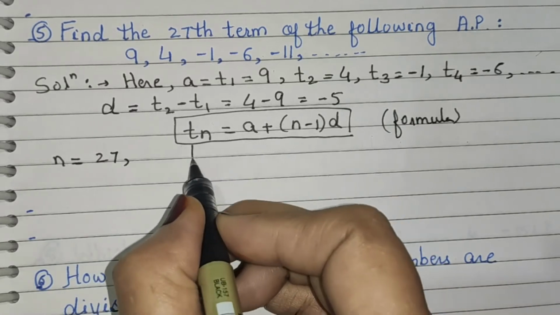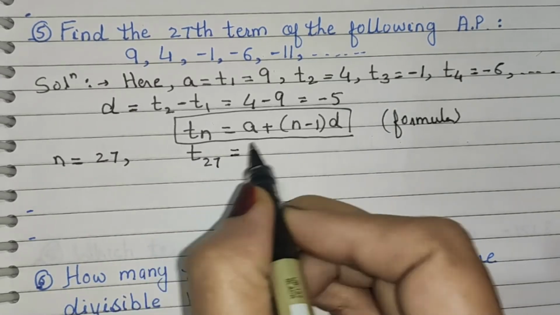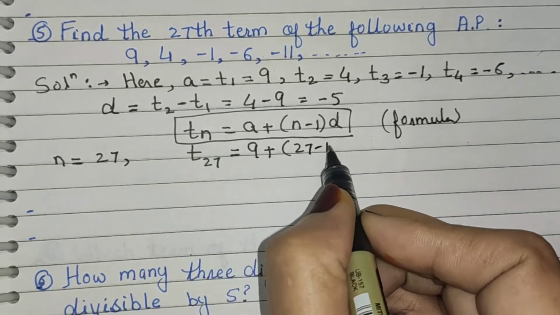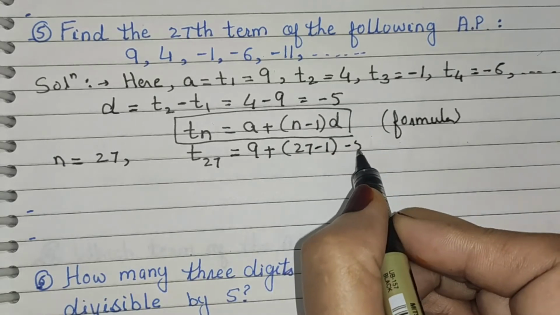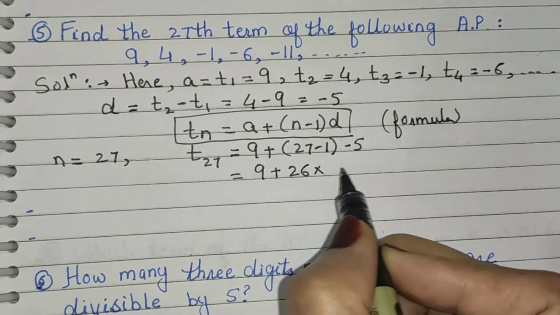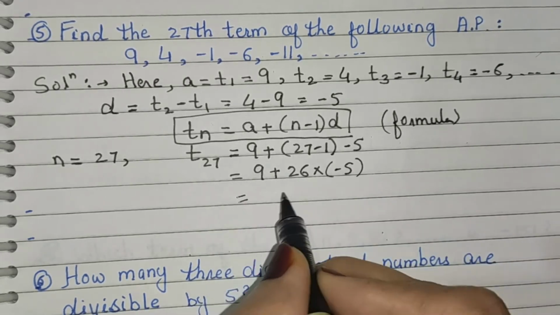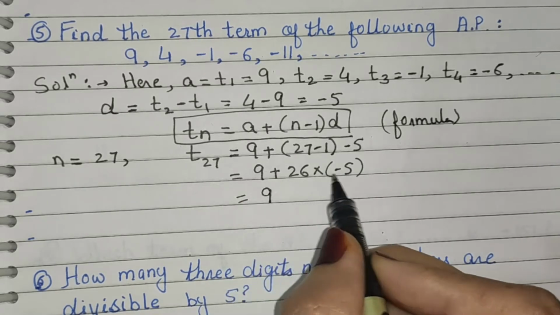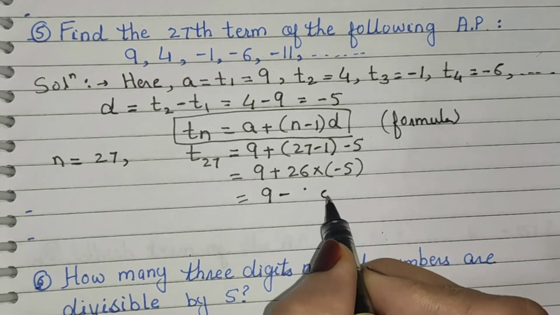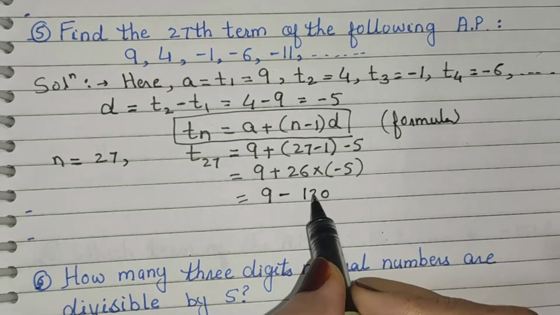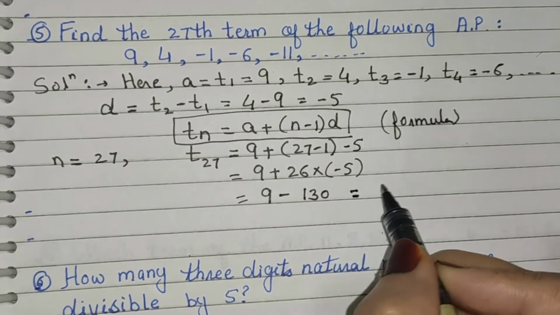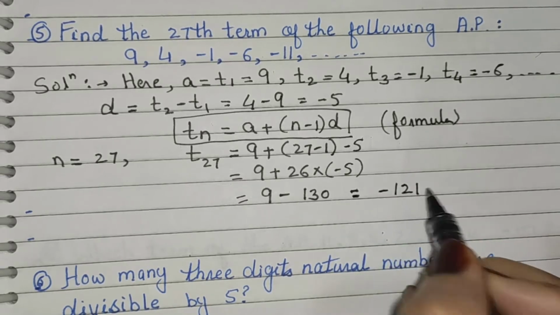Now substituting all the values we get T27 is equal to A. A means 9 plus 27 minus 1 into D. D means minus 5. 9 plus 26 into minus 5. Therefore we get 9. Positive into negative we get minus. 5 6s are 30, 0, 3, 5, 2 and 13, so 130. Therefore 9 minus 130 we get minus 121.